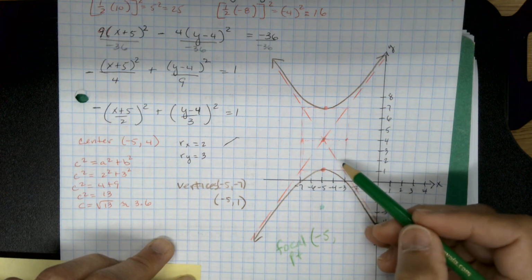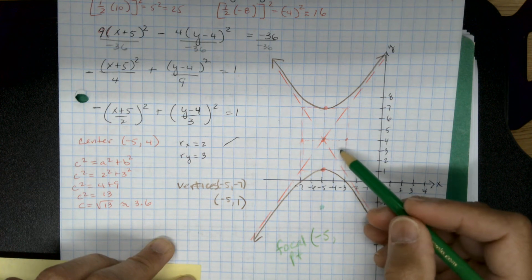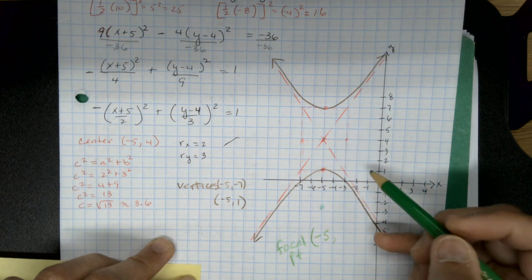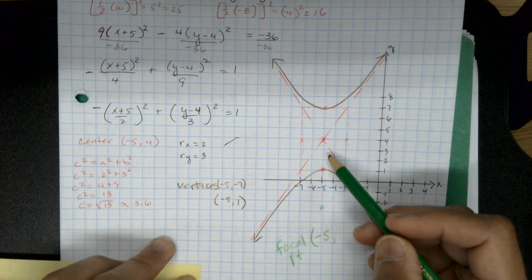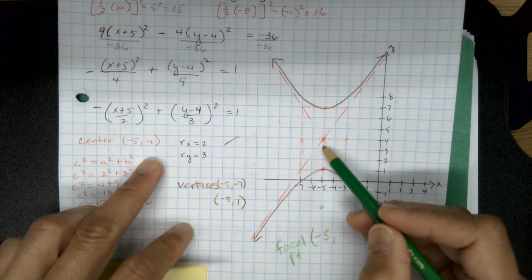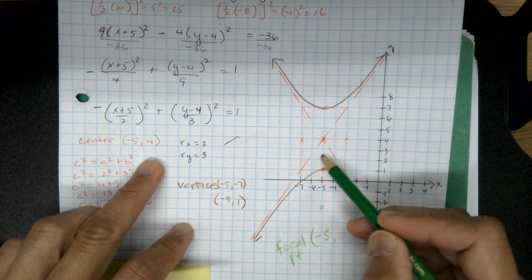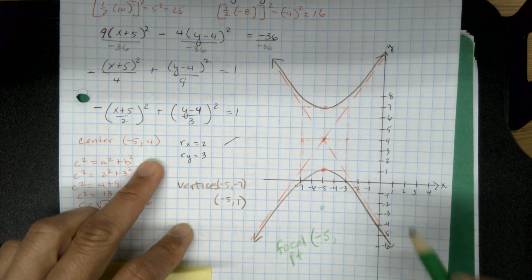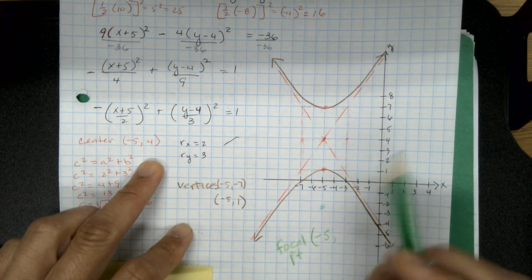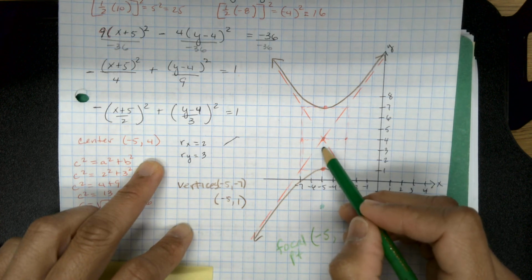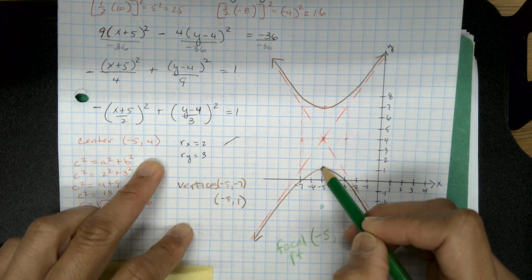Let's see, we go from here 3.6 units down. Sorry, this is 1, 2, 3, it's right here.